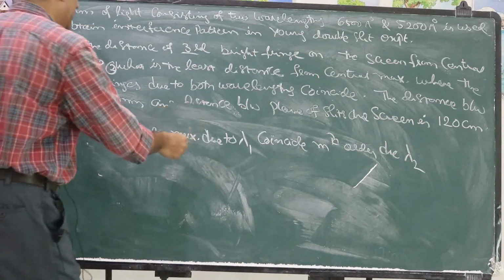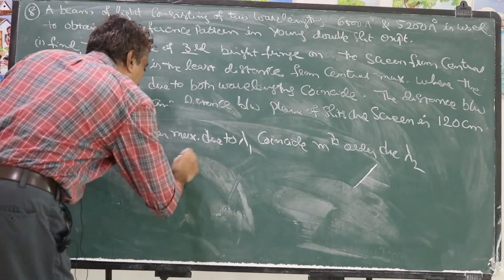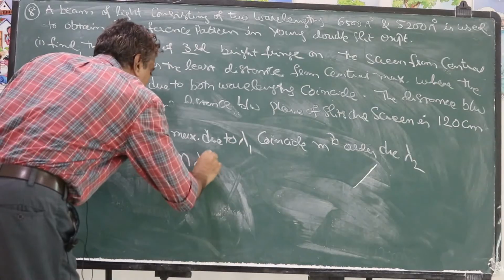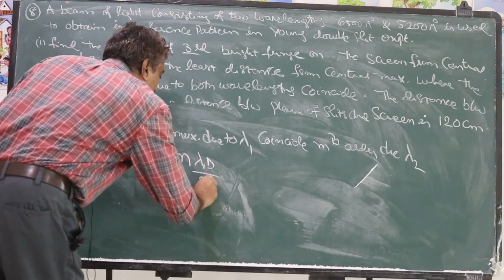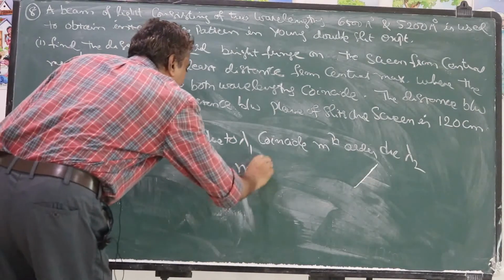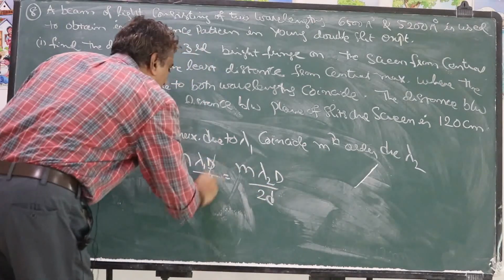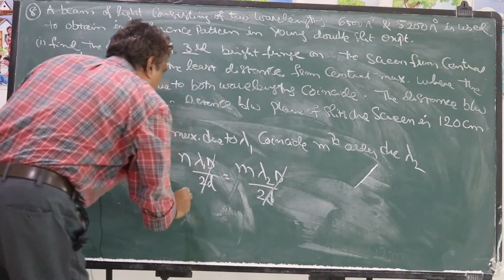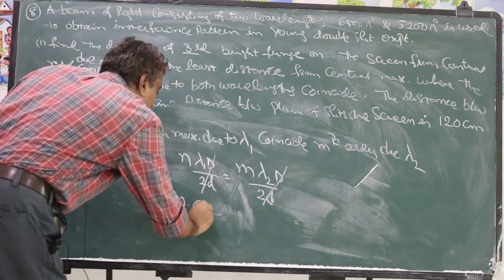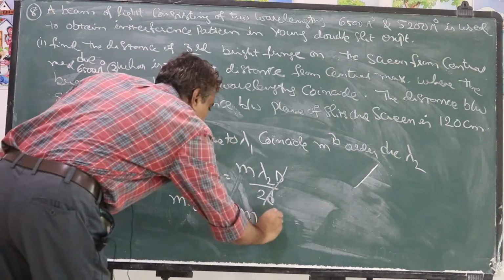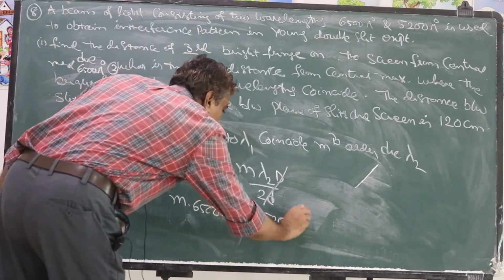That means the distance from the central maximum is same. So n lambda 1 D by 2d is equal to m lambda 2 D by 2d. So these two will get cancelled. So n into 6500 Armstrong is equal to m into 5200 Armstrong.